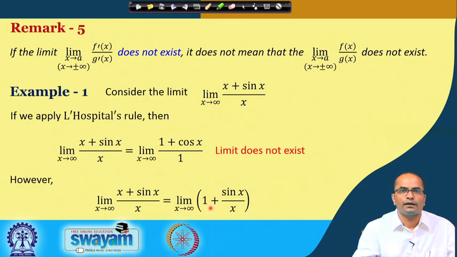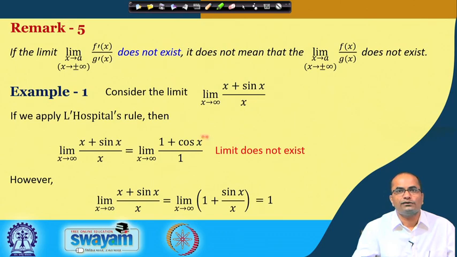When x goes to infinity and sin x is something finite, something finite divided by infinity will go to 0. So, the second part, sin x over x as x goes to infinity, will go to 0. So, we have 1 plus 0, meaning this limit is 1.